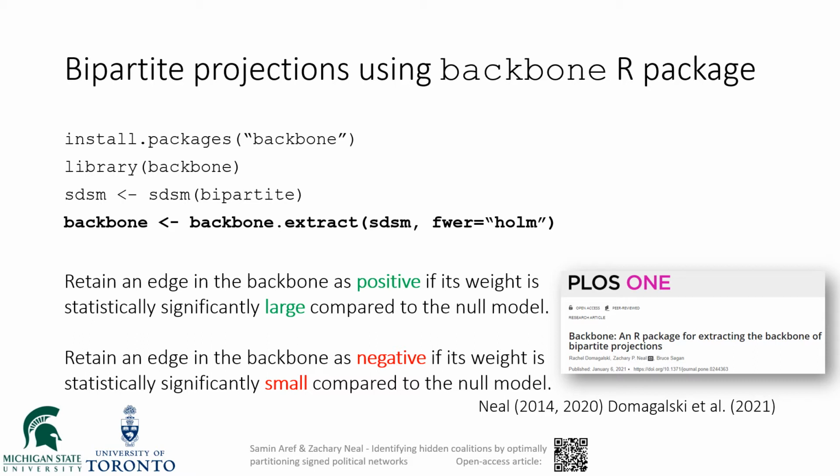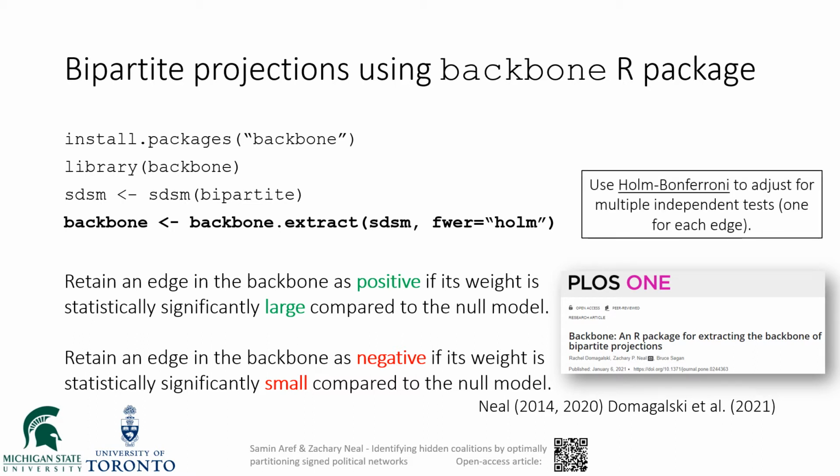As you may imagine, we're making a hypothesis test for each pair of legislators, and therefore we need to control for the family-wise error rate. One of the advantages of this package is that it gives us the opportunity to make a Holm-Bonferroni adjustment and limit the family-wise error rate to a predefined value. In this work, we use a family-wise error rate of 0.01.